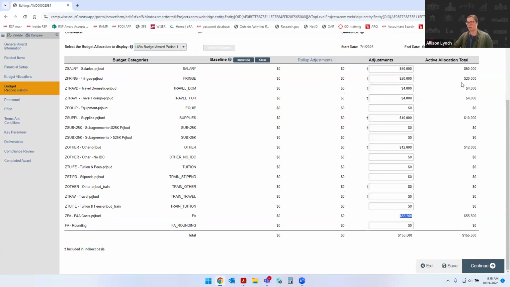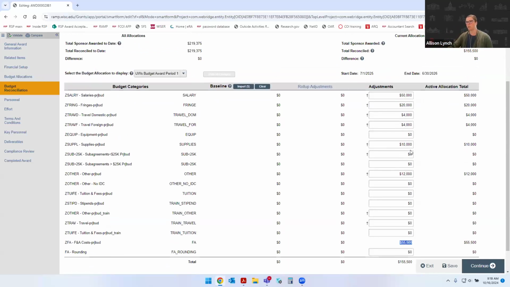I do want to emphasize that we have moved to categorical budgets, and so we should be reconciling into the categorical budgets. That is just a system change that we have, and it will streamline appropriate spending on the award down the line. So this is the UW portion.